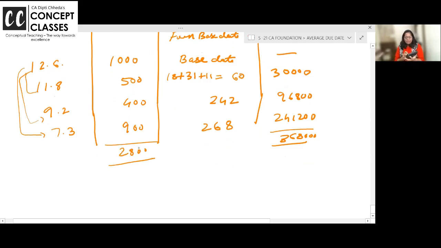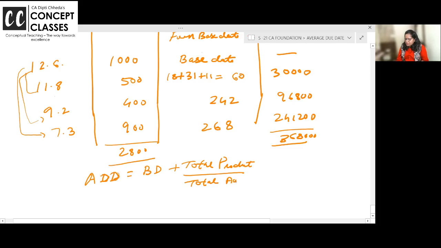Check: 1,000, 500, 400, 900. Now, average due date is equal to base date plus total of the product divided by total of amount.